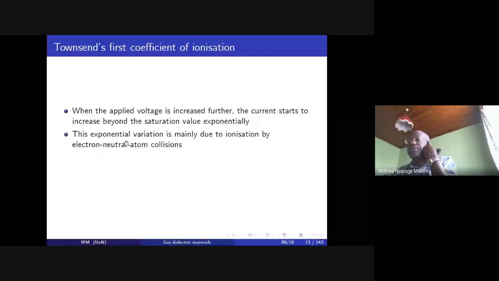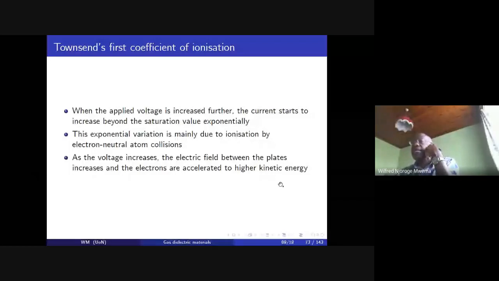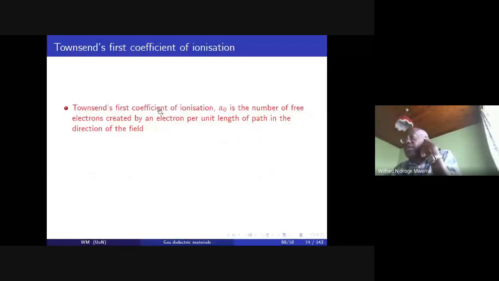As the voltage increases, the electric field between the plates will increase as well, and the electrons will be accelerated to higher kinetic energy. And Townsend's first coefficient of ionization, alpha naught, was then defined as the number of free electrons that would be created by an electron per unit length of path in the direction of the field.